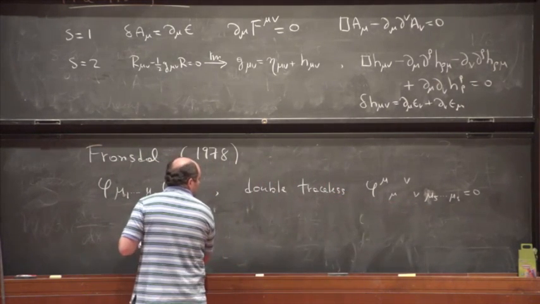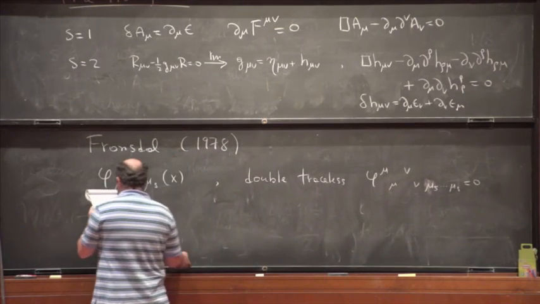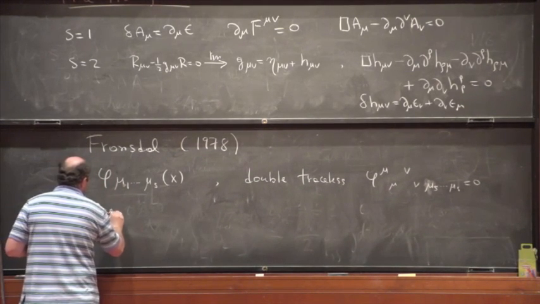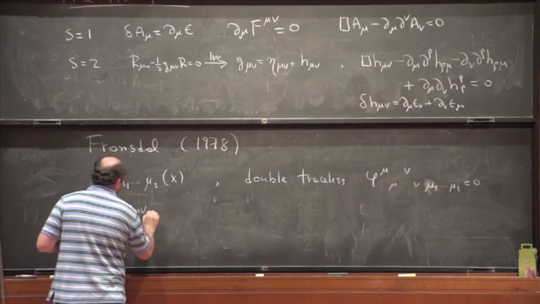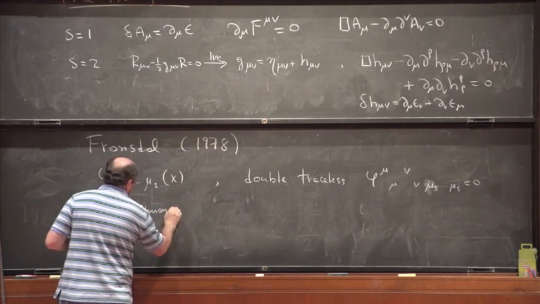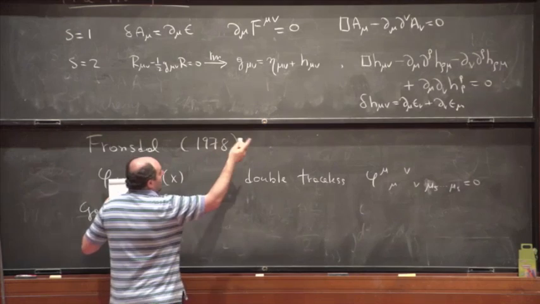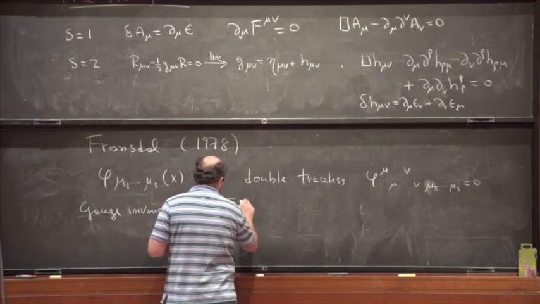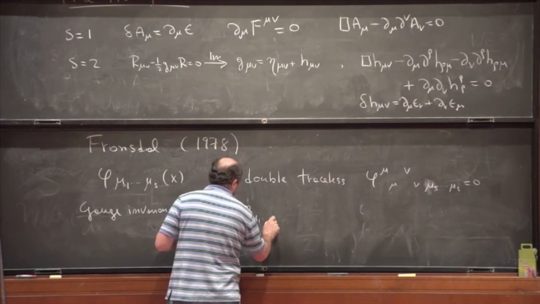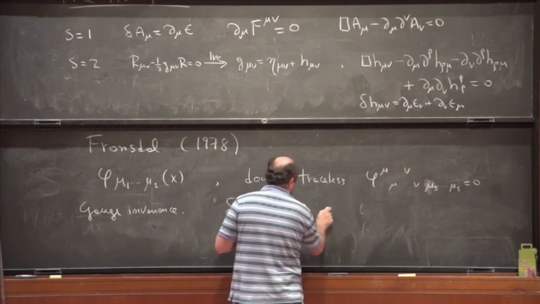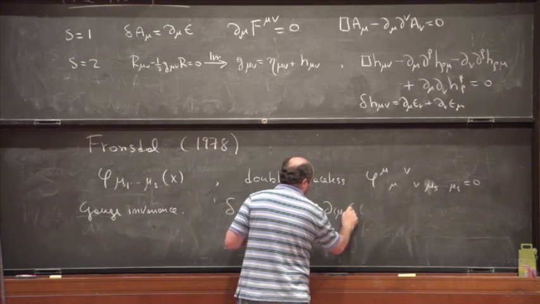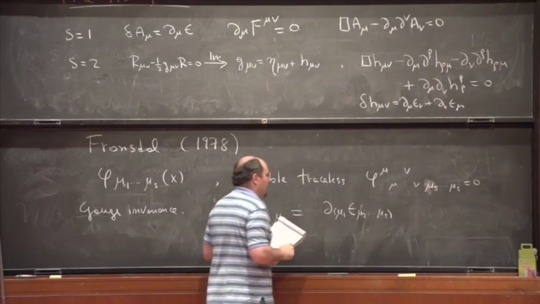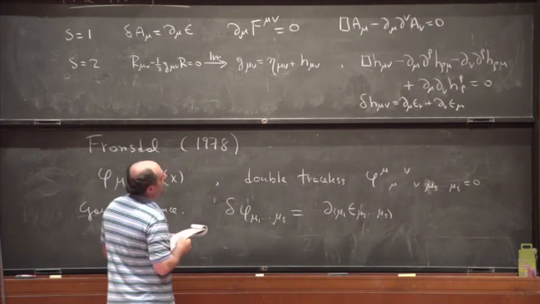So you have this constraint on the Fronsdal fields, and the gauge invariance, by generalizing what you know for spin 1 and spin 2, it's not surprising to guess the following gauge invariance, with a spin S minus 1 parameter.